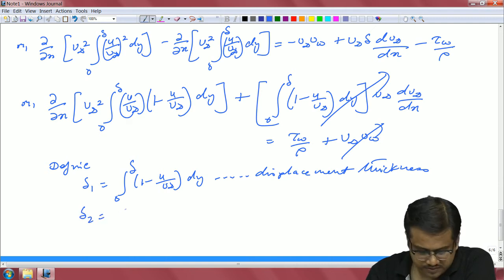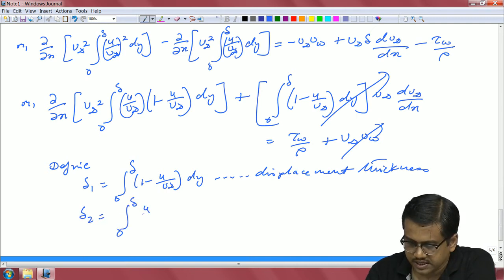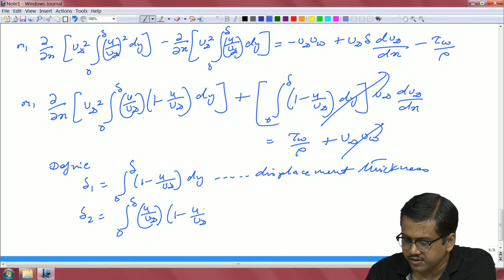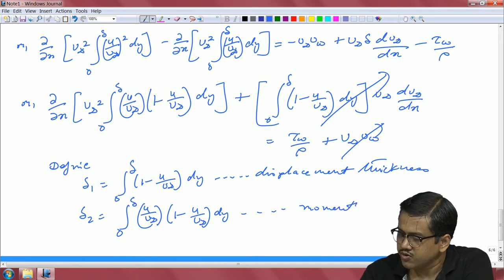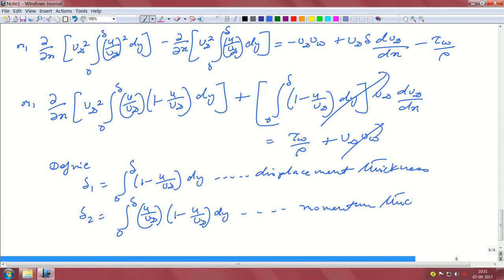The other one is basically what we call the momentum thickness. So, the displacement thickness and the momentum thickness. These are two parameters, one basically represents this, one basically represents that.